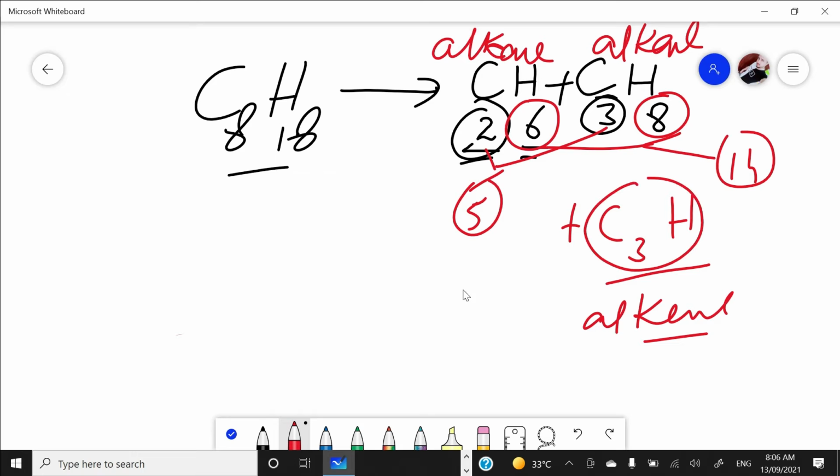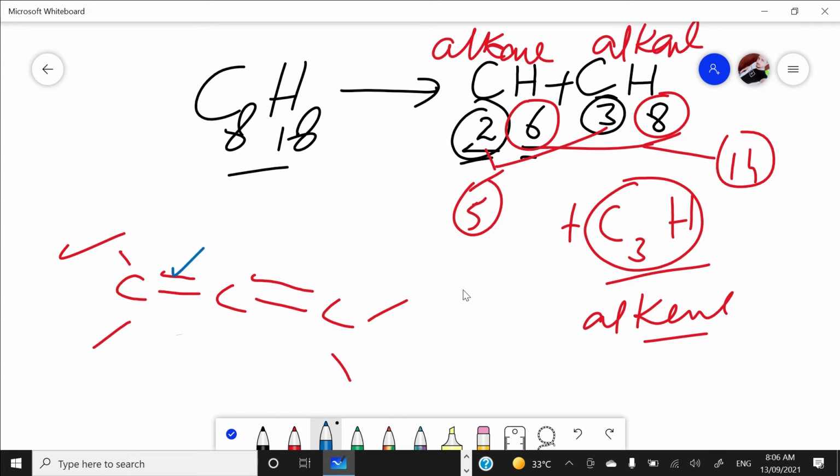So I need to see whether I can make something out of these three. Okay, 1 carbon, 2 carbon. It's not part of the course. Keep in mind what I'm drawing right now, this part. 3 carbons are there. It's an alkene. There's a double bond, right? If I put another double bond here, and I see now the hydrogens, satisfy every carbon with 4 bonds. 1, 2, 3, 4, 1, 2, 3, 4, and this one is already satisfied.